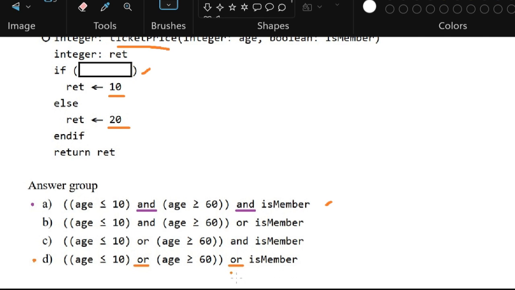So we have here the or. But if it were and, then that would mean that the passenger has to be a member and has to be greater than or equal to 60. And if we have and here also, less than or equal to 10, which is something that should not occur in normal cases. And so the correct answer would be letter D.